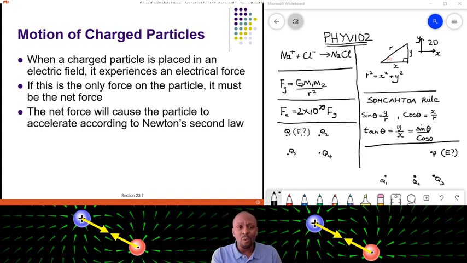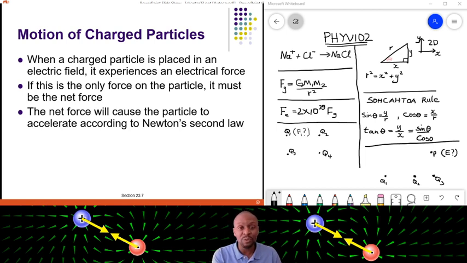Now, when a charged particle is placed in an electric field, it experiences an electric force. If this is the only force on the particle, it must be the net force. For example, we have seen that gravity is very small, and as a result, we can end up ignoring gravity.